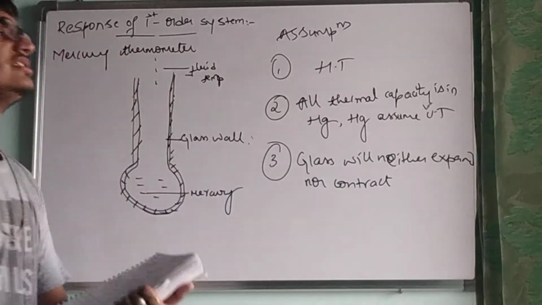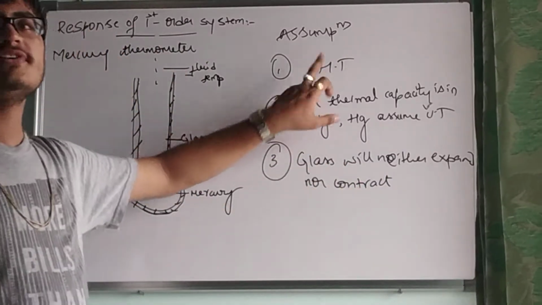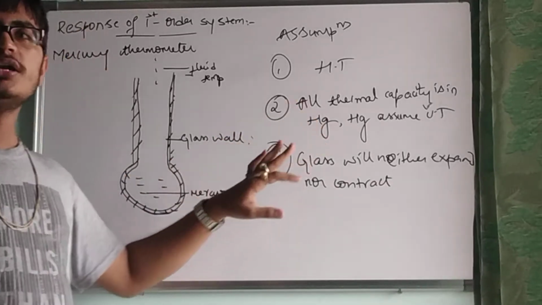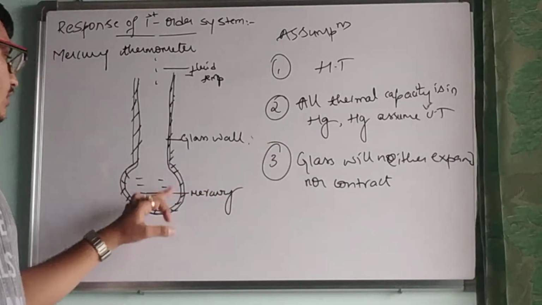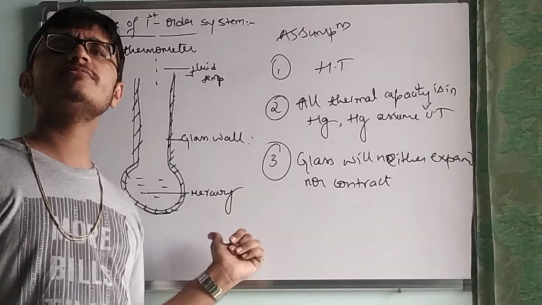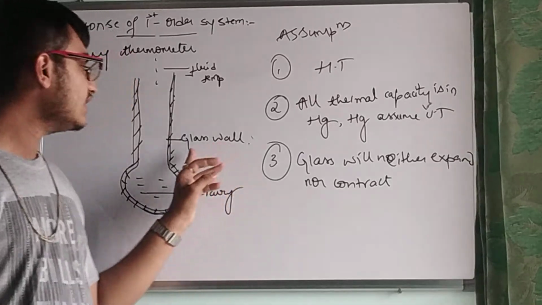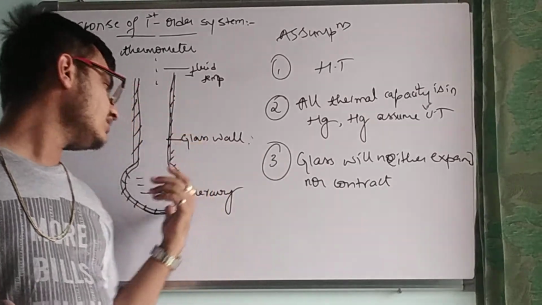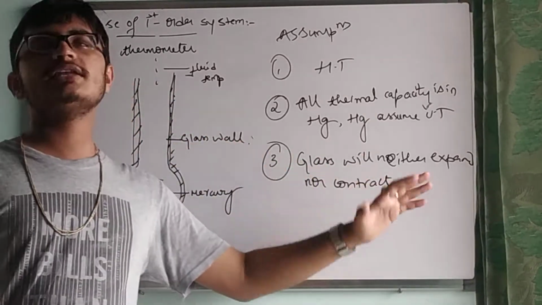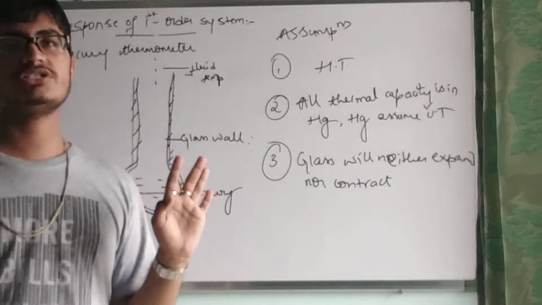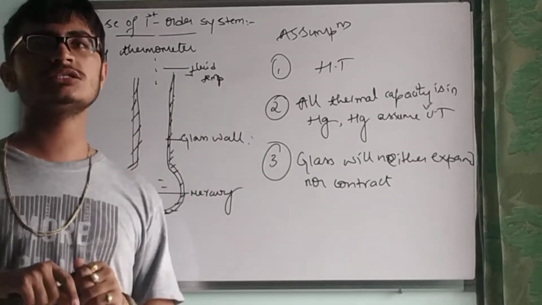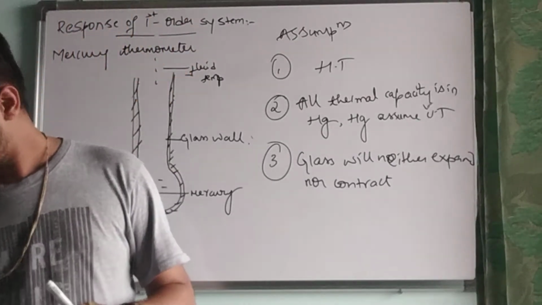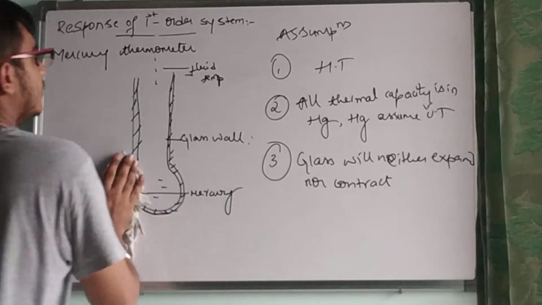So these are the three assumptions: all the resistance to heat transfer resides in the film surrounding the bulb, all the thermal capacity is in the mercury, which always assumes uniform temperature, and the glass wall neither expands nor contracts during the process. There will be no change in the glass. Right, so now let us begin with the derivation of the transfer function.